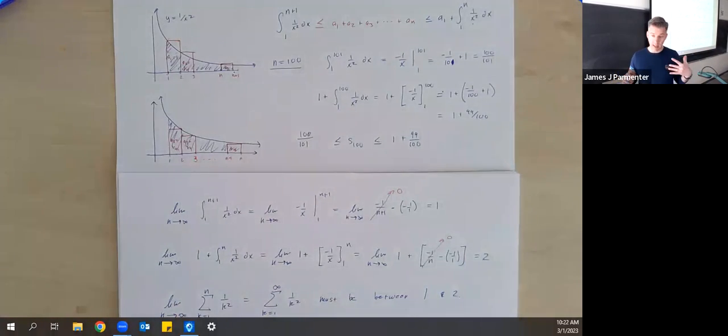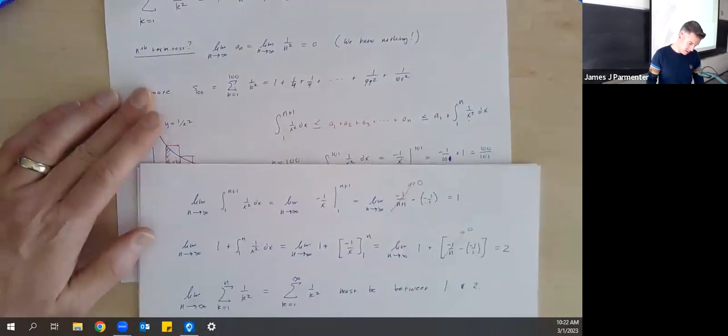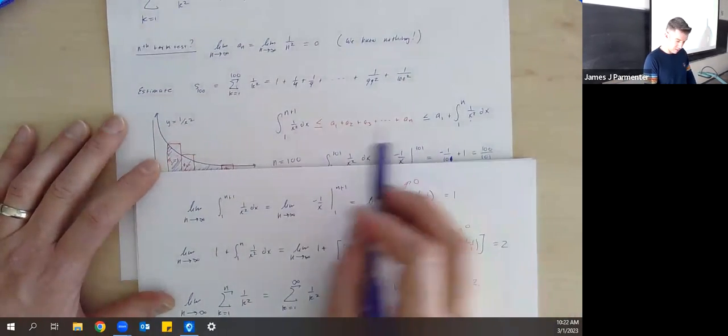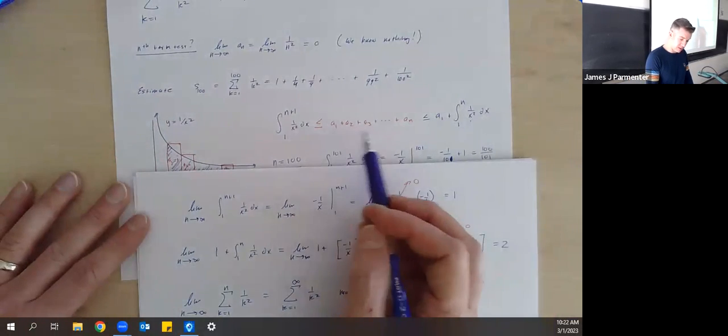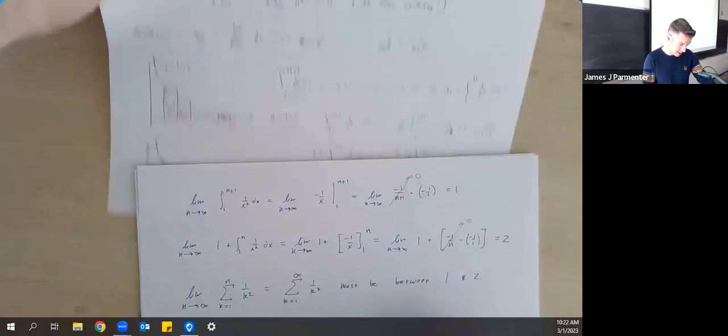So that's kind of the whole idea, that since this partial sum is trapped between these two integrals, and each of these integrals converge, then the partial sum also has to converge to a finite sum. That's kind of the whole idea.